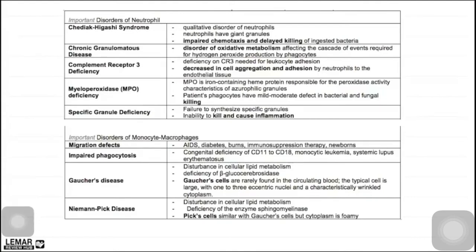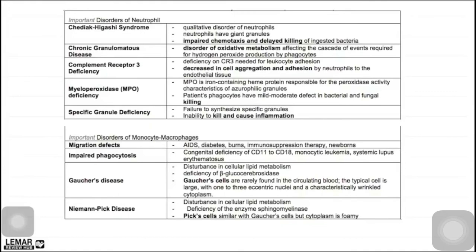We have MPO deficiency. MPO, or myeloperoxidase, is an iron-containing heme protein responsible for the peroxidase activity, a characteristic of the azurophilic granules. The phagocytes in MPO-deficient patients present a mild to moderate defect in bacterial and fungal killing.